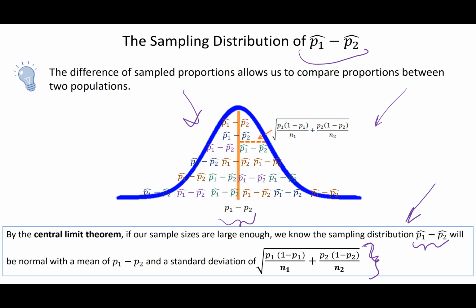So I strongly recommend having this written out somewhere. If you notice, this is the standard deviation of the first sampling distribution, and this is the one just for the second. Add them together under the square root. By no means are we sitting here going, we want you all to memorize all these equations. It definitely helps to write them out.